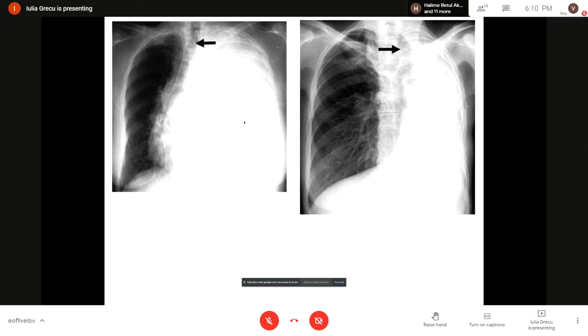Now, in order to determine what kind of content and structure this effusion has, you have to perform some other kind of investigation. Most probably in this setting here, what would you do to determine what kind of fluid you have in the pleural cavity?